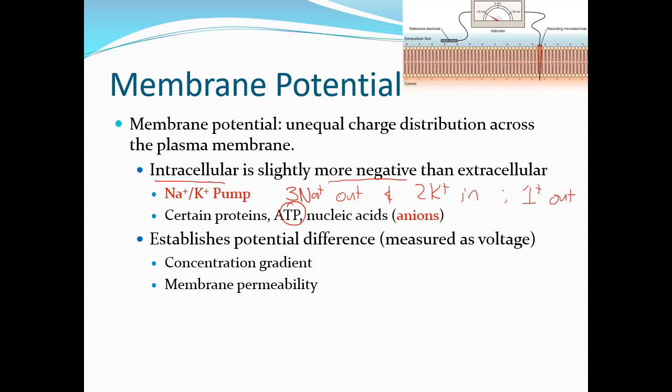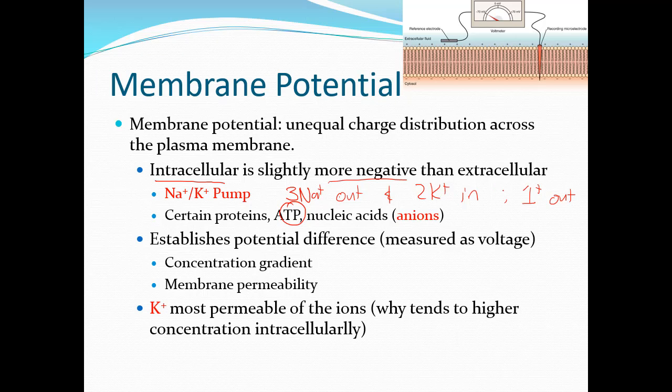Permeable means how easily it could go across the plasma membrane. And out of all the ions that we're going to be learning, potassium is the most permeable. Remember, permeable is how easy it could go across the plasma membrane. Potassium is the easiest to cross the plasma membrane.